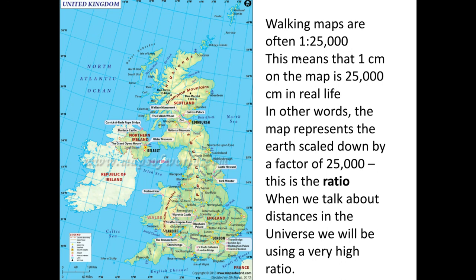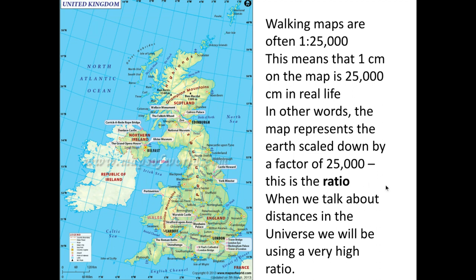What that means is 1 centimetre on your map actually is 25,000 centimetres in real life. In other words, the map represents the Earth scaled down by a factor of 25,000. So we've made the map 25,000 times smaller than real life.